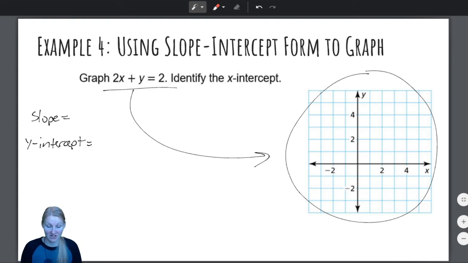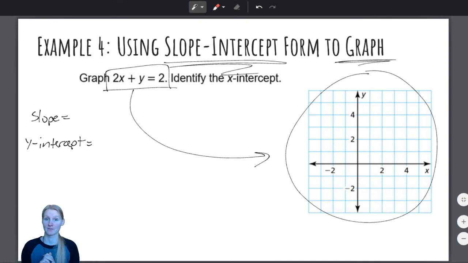We can put it in standard form, like this is in standard form, so we can find our intercepts and connect the dots that way. Now, we're going to learn a simple, nice, easy way to graph lines when they're in slope-intercept form. So you're going to have multiple tools in your tool belt.